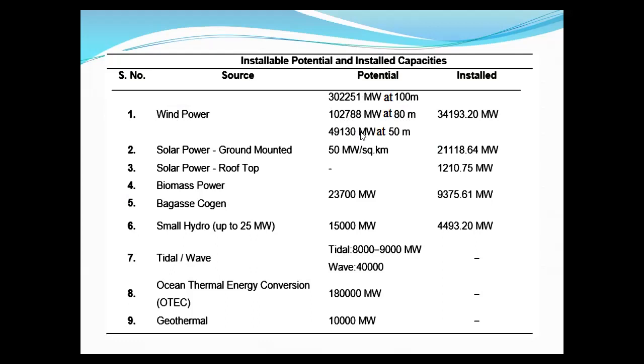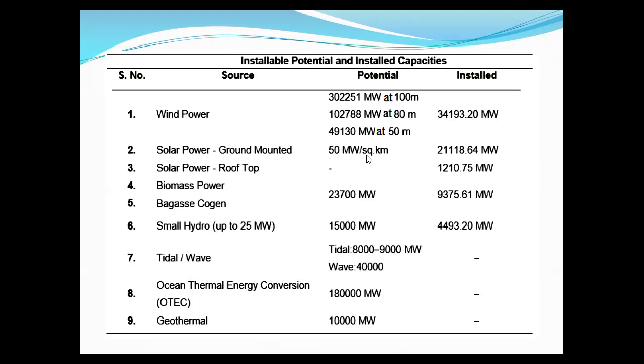And for 50 meters, we have wind energy potential of 49,130 megawatt. The installed capacity of wind power plants in India now is 34,193 megawatt.